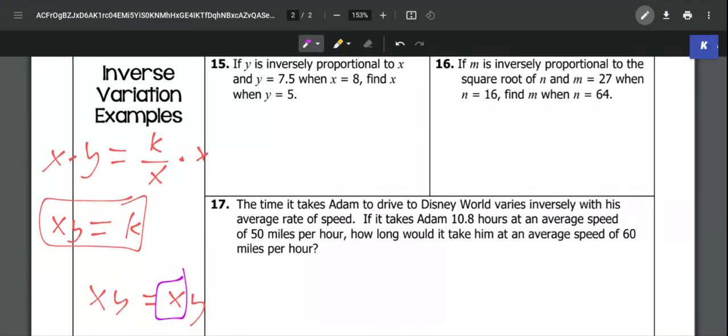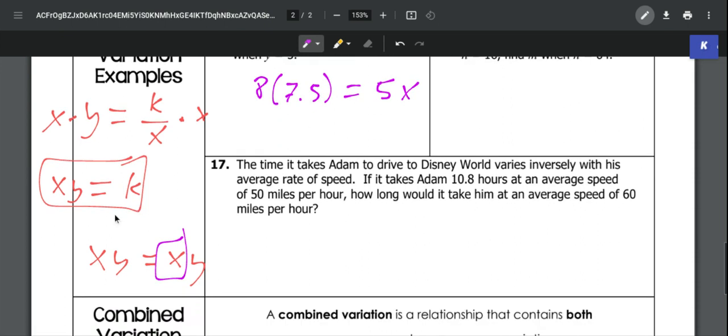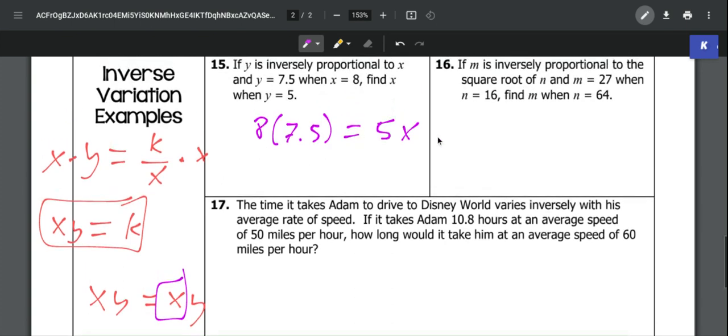So if we set up x times y from our first variables given, we'll have 8 times 7.5 equal to x, which is what we're looking for, and then y on our second set of variables is just 5. So we're actually going to have 5x here. So in inverse variation, you set up a multiplication where x times y is equal to x times y.